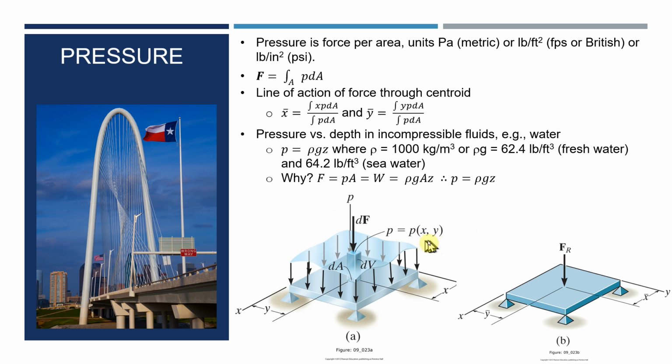That's why it's listed as a function of x and y, which is why we can't take it outside the integral. It's not a constant. At a given depth, it is constant. The reason pressure may vary is because you may have a surface that's not flat, but tilted or curved or something like that. We're going to get into how to handle those situations a little later.